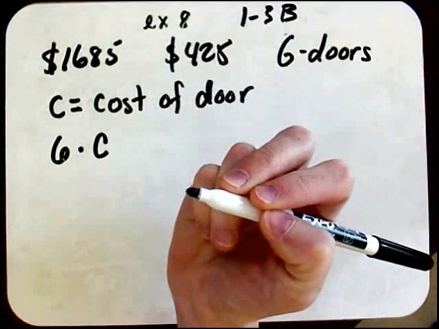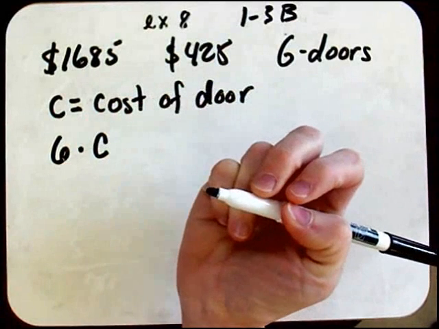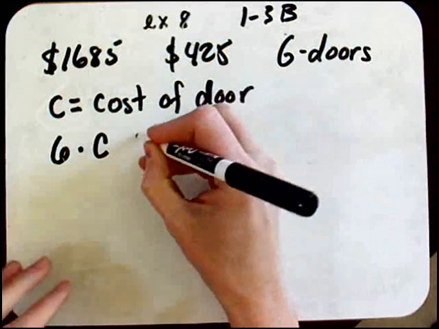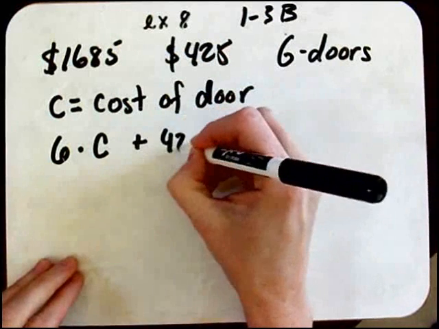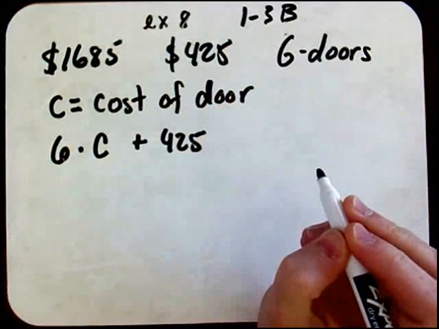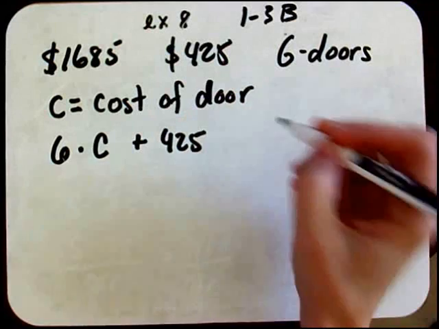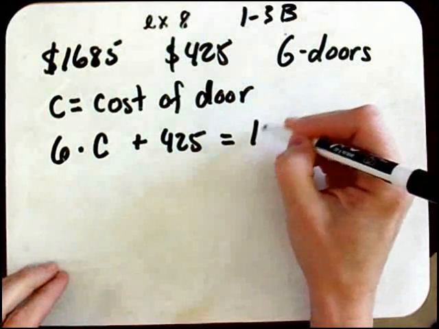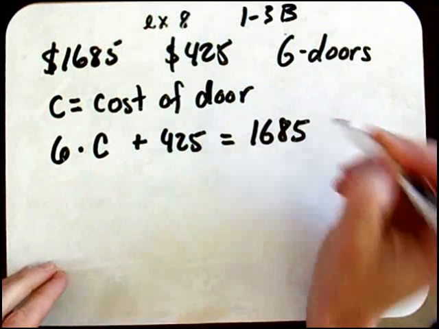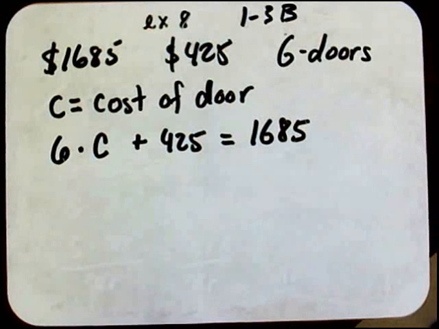So I have 6 times C, which is the cost to replace each door, plus $425 that they have already spent on previous expenses. And this equals the total amount of money they have, which is $1,685.